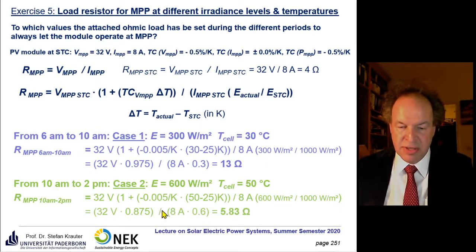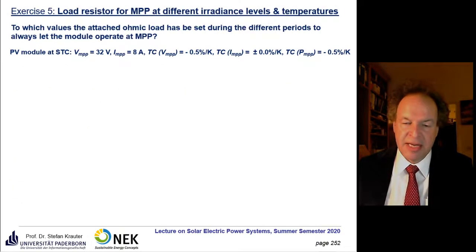So this is 0.6, and this is a temperature adjustment factor 0.875. And together we get the outcome as 5.83 ohms. So we have to reduce the resistance drastically in order to still keep the operation point in the maximum power point. Let's come to case number 3.